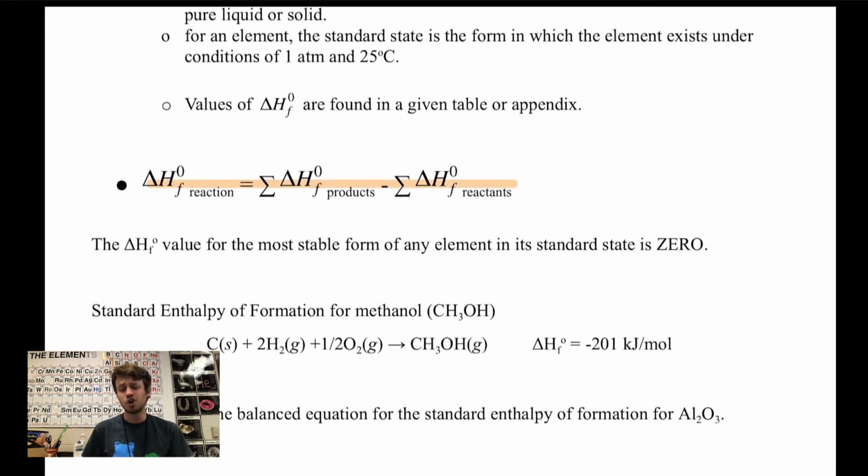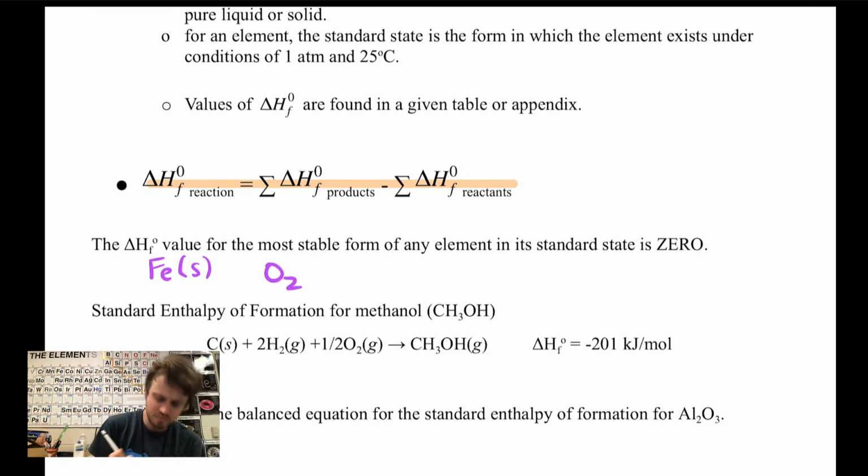One thing that is incredibly important is that you recognize that the delta H of formation value for the most stable form of any element in the standard state is 0. What do I mean by that? I mean, for example, that if we were to have iron as a solid, which is how iron would show up in elemental form, then its delta H of formation would be 0. And that would be the same for pretty much all of these guys up here on my periodic table, right?